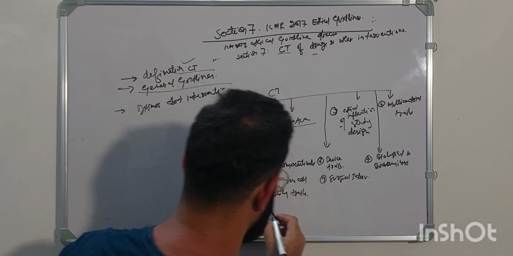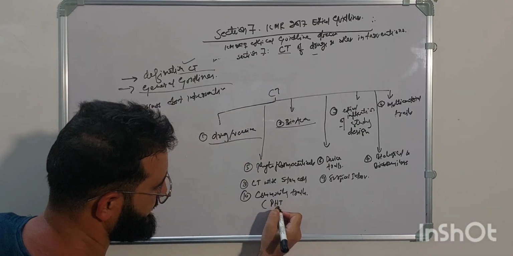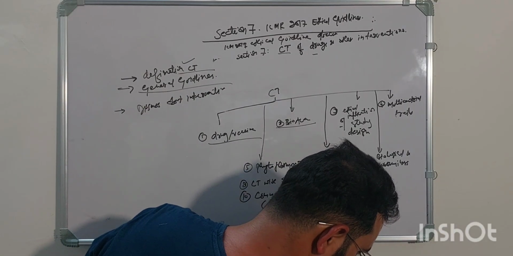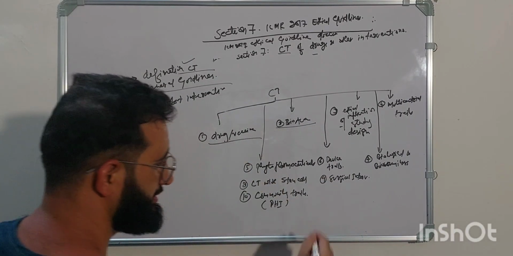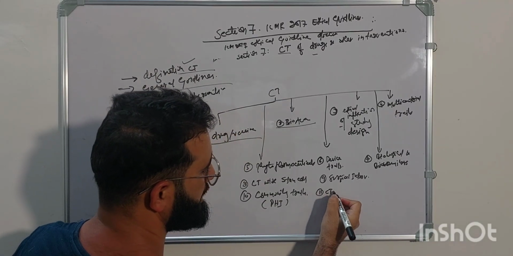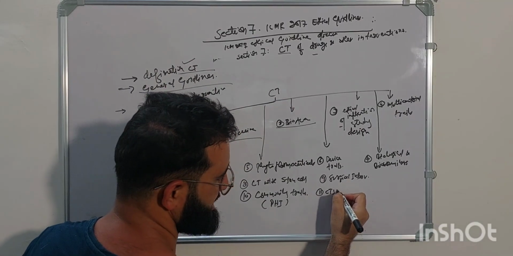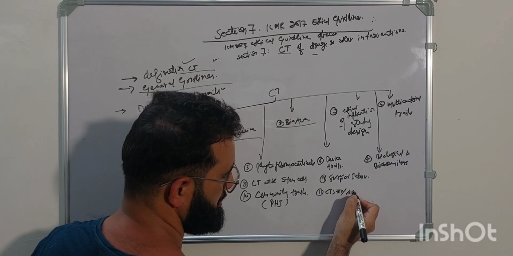Then public health interventions, PHI. Then they have discussed clinical trial interventions, CTI, in HIV, or you can say AIDS.